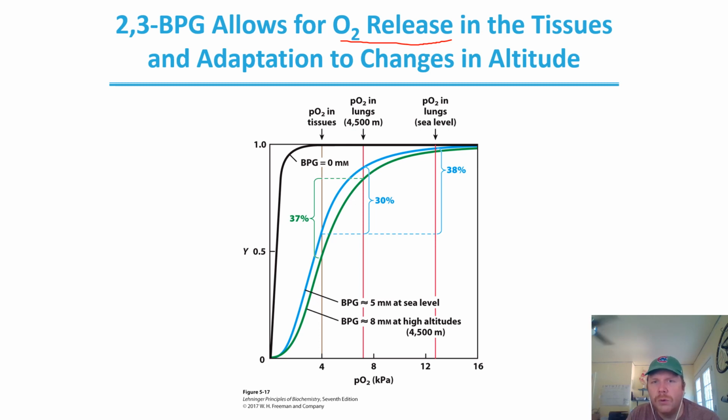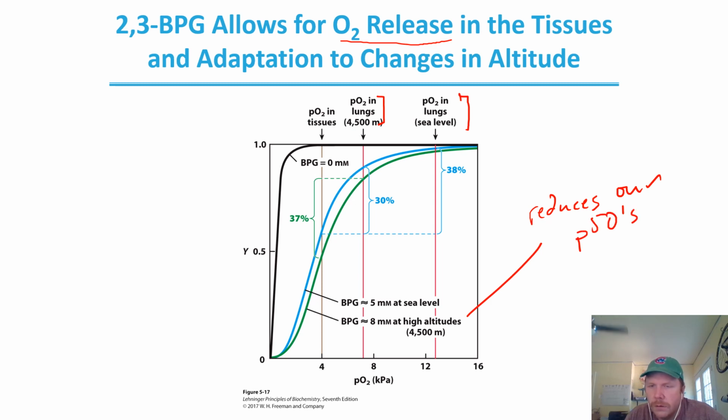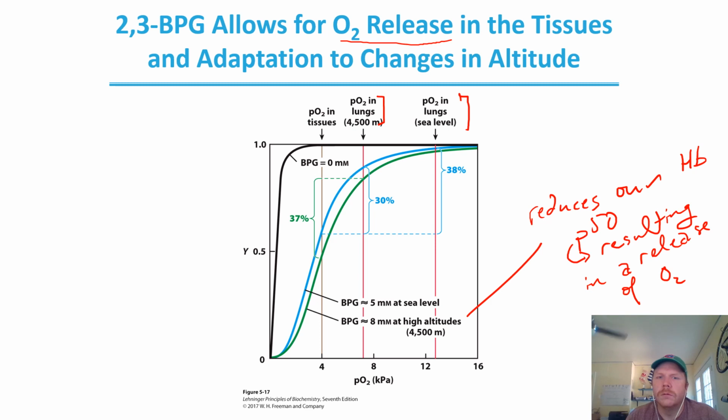What we've got is our PO2 in the lungs at sea level compared to PO2 in the lungs at 4,500 meters, so at a high altitude. 2,3-bisphosphoglycerate is produced in a higher concentration at high altitudes so that it reduces our hemoglobin P50, resulting in a release of O2 in the tissues.